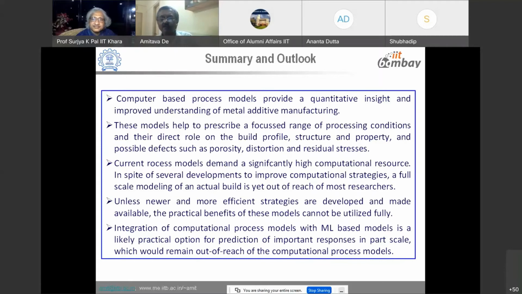These are also taking certain shape, but they are still, I would not say in infancy, but just evolving at this stage. Much more work would be required to really see them as real predictors, which are today available for conventional processes.